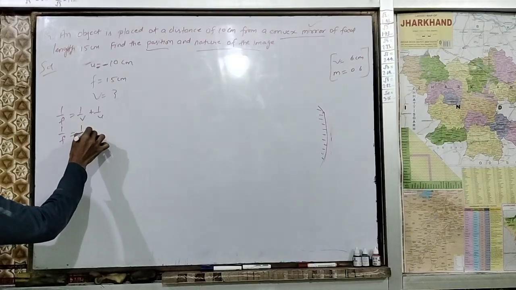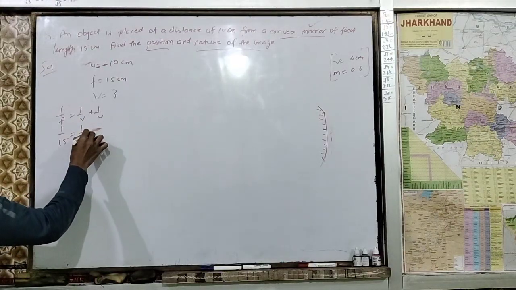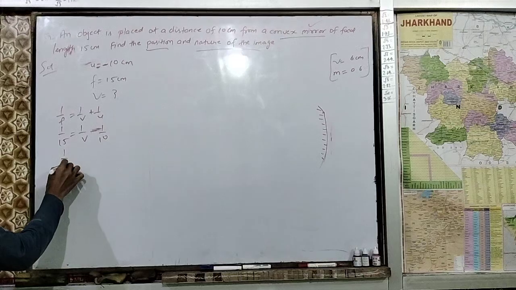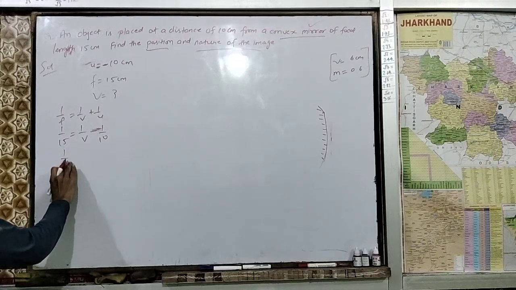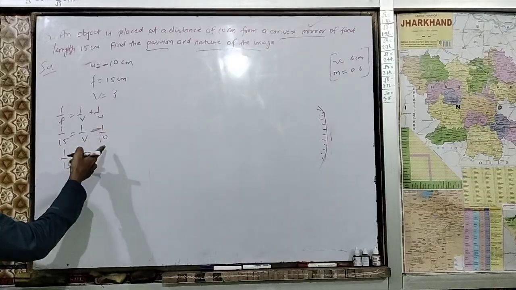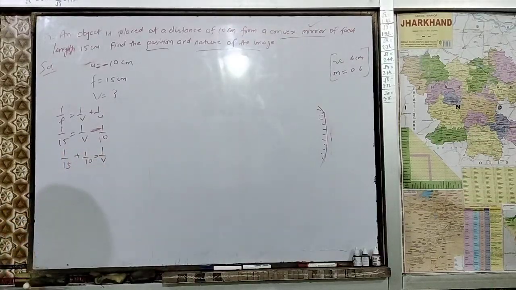Here v is unknown, f is 15, and u is minus 10. So 1/15, when 1/10 is shifted across, it becomes positive: 1/15 + 1/10 = 1/v.